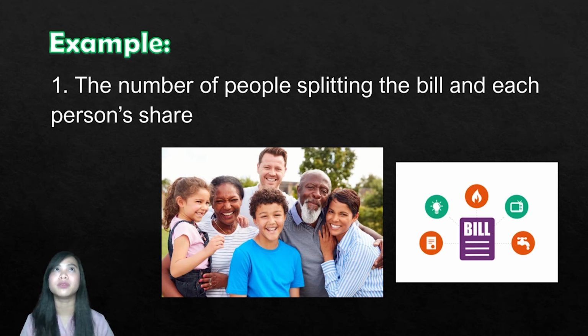For example, in your family, your mother and father are earning, so they are the ones splitting the bill. You have 1,000 per month for your electric bill. So your mother and father will have 500 each.